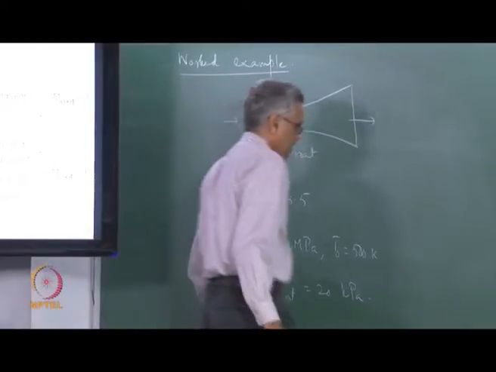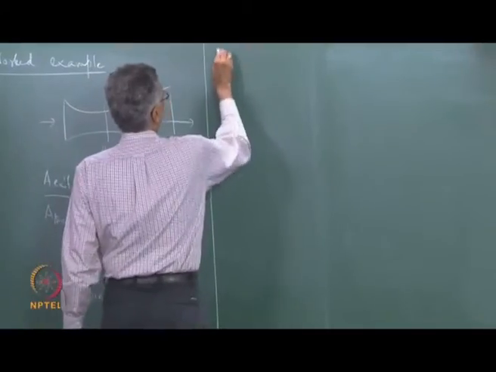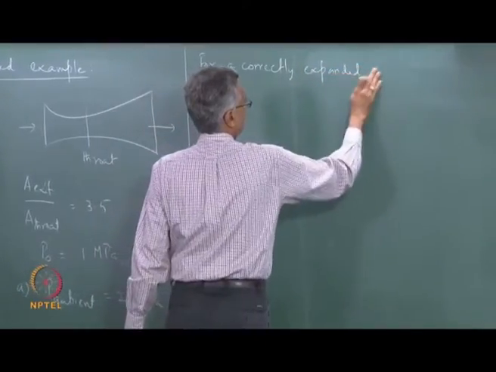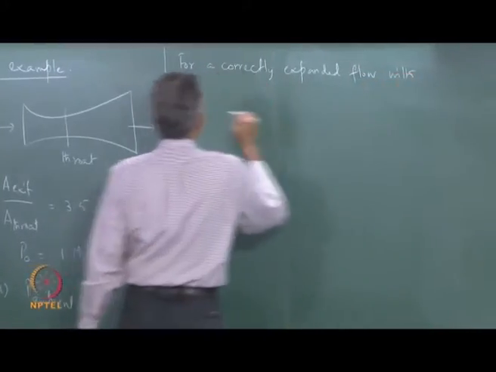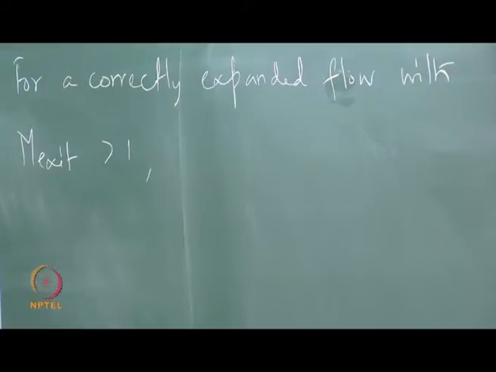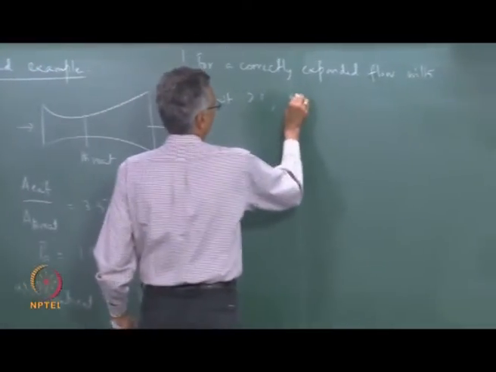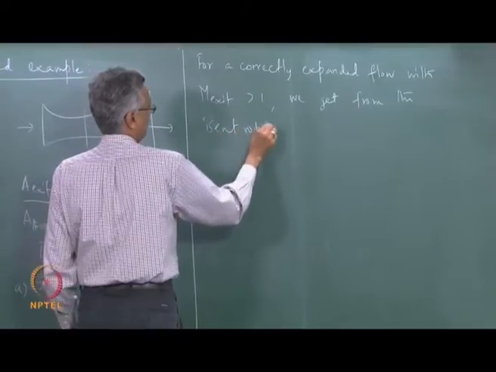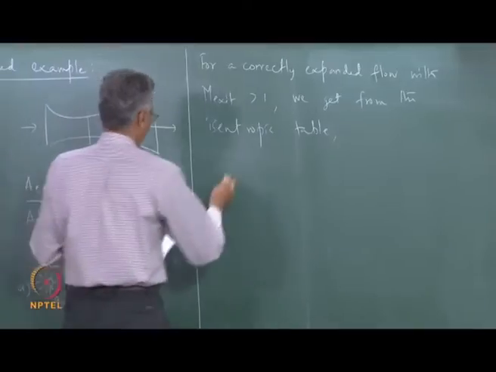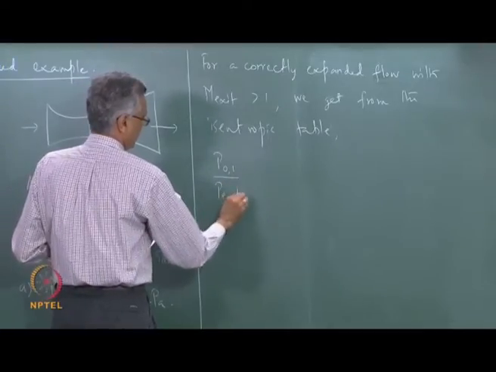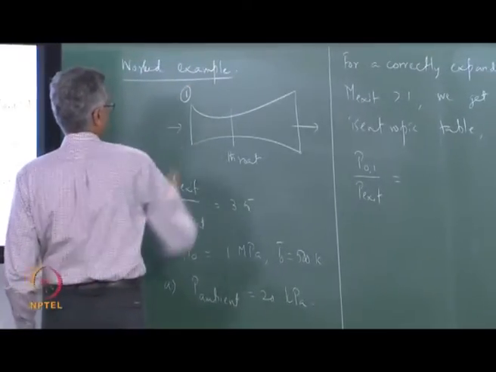So, we go to the tables, and for a correctly expanded flow, with Mach number at the exit being supersonic, we get from the isentropic table P0, let us say P01 just to be on the safe side, over P exit is equal to, so here 1 is the inlet state, so let me just mark this as 1 to be the inlet state.